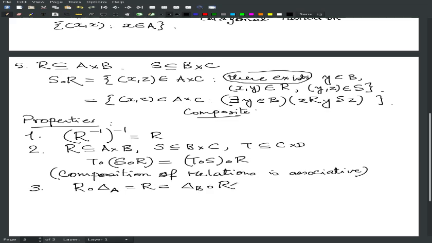Okay? And the inverse of the composite, S composed R inverse, is R inverse composed S inverse. It just reverses itself.